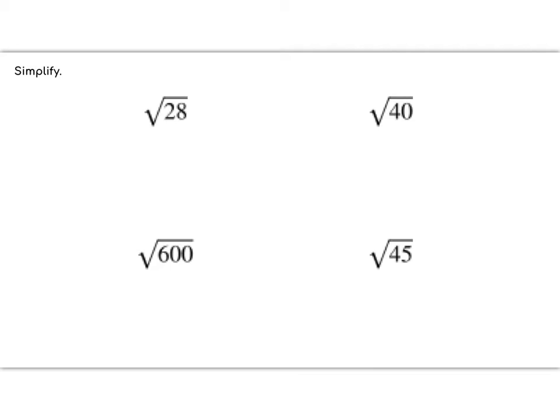So I can split the square root of 28 into the square root of 4 times the square root of 7 because 4 times 7 is 28. 4 is a perfect square. The square root of 4 is 2. The square root of 7 is not a perfect square, so it stays under the radical. And the square root of 28 is 2 times the square root of 7. I will normally read that as 2 root 7.